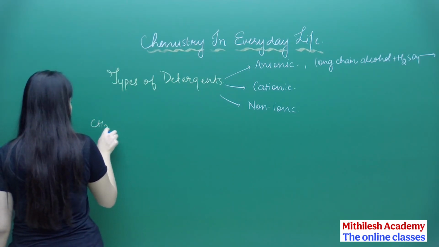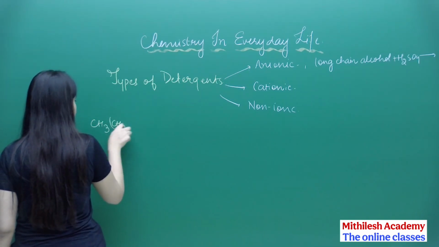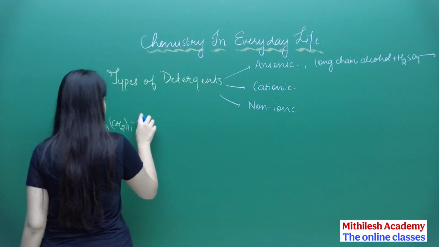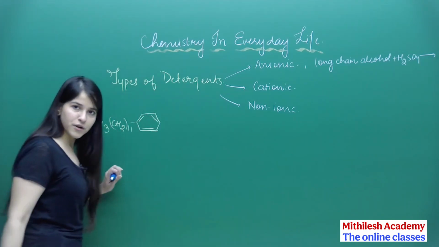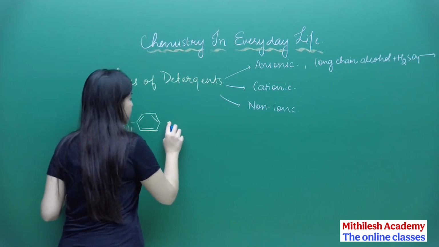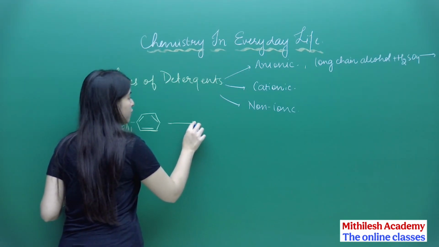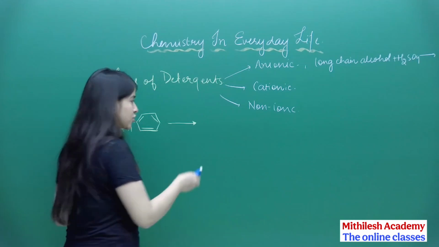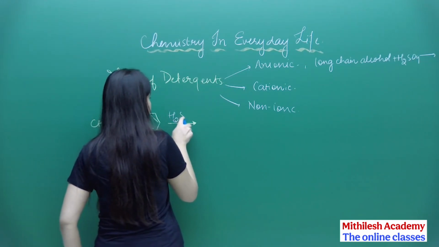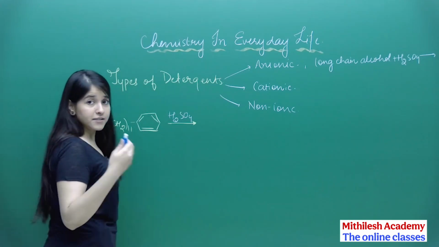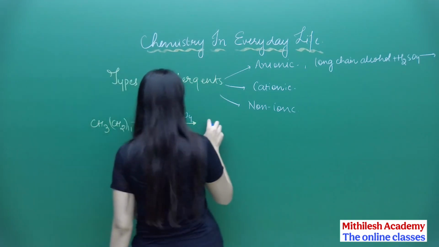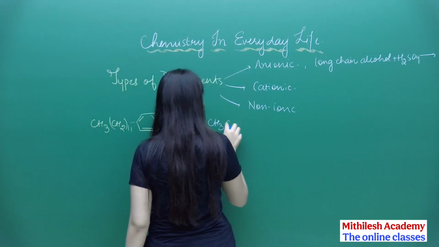Dodecyl means I need to have 12 carbon atoms over here, along with the benzene ring. So we need to have this. Now I am again doing the sulfonation. So I need to have sulfuric acid for that. I get the sulfonic acid, the sulfonated benzene over here. It would be like this.